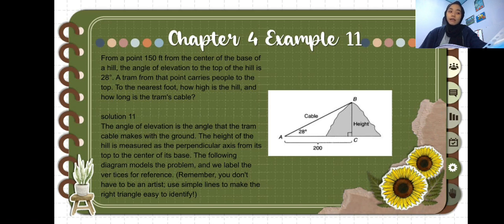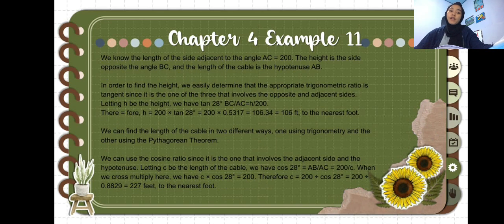Solution: the angle of elevation is the angle that the tram cable makes with the ground. We know the length of the side adjacent to the angle, AC, is 200. The height is the side opposite the angle, BC, and the length of the cable is the hypotenuse AB.